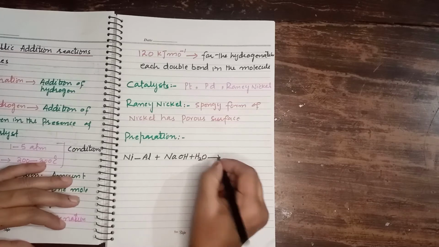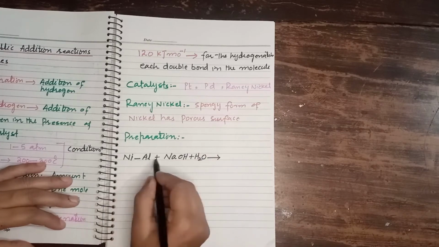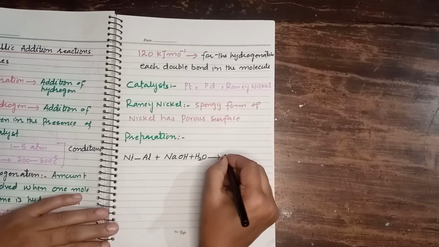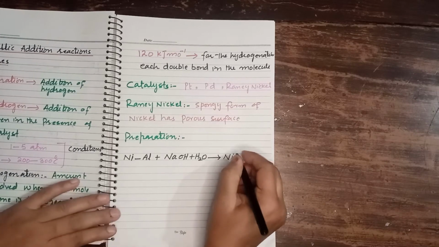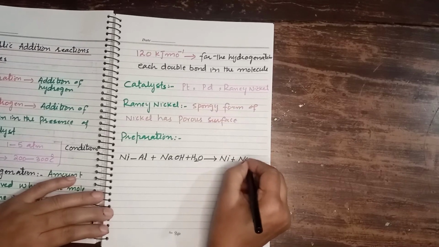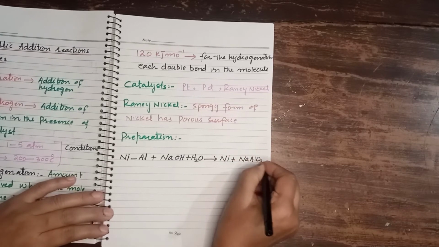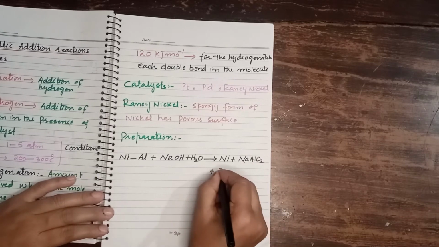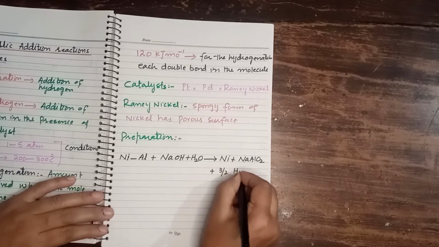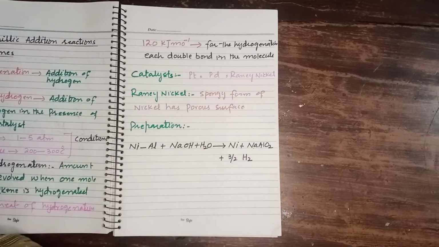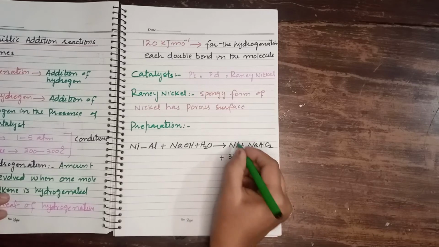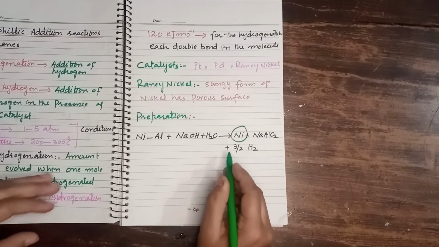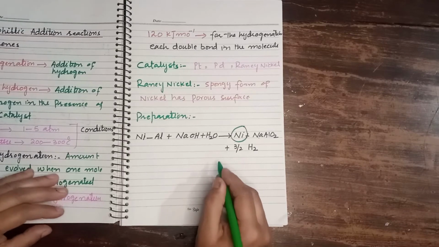When it is treated with caustic soda, we get Raney nickel as well as a salt, that is sodium aluminate, plus 3/2 moles of hydrogen gas. So in this way we can prepare Raney nickel. Right, students? Now this Raney nickel is used for the process of hydrogenation.